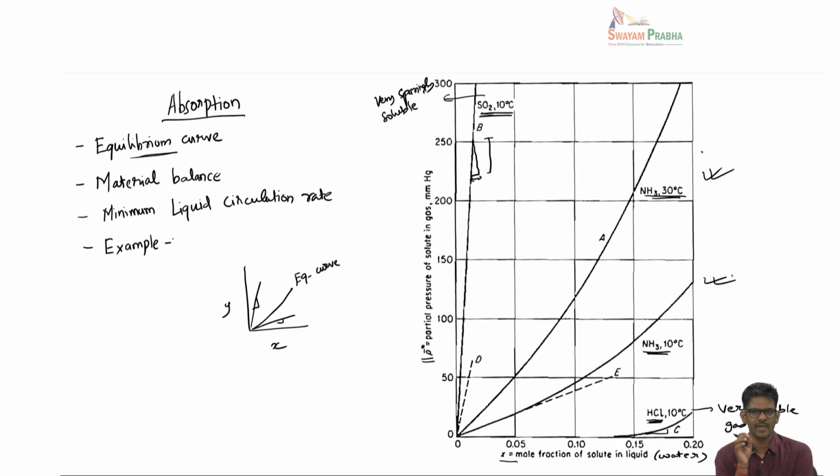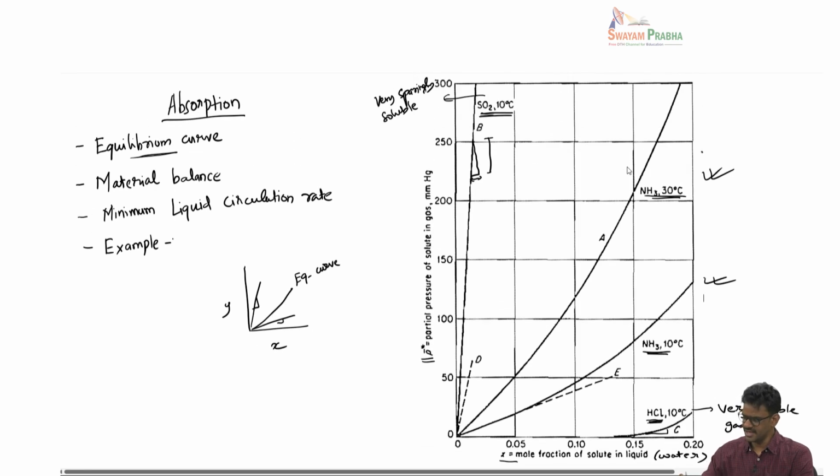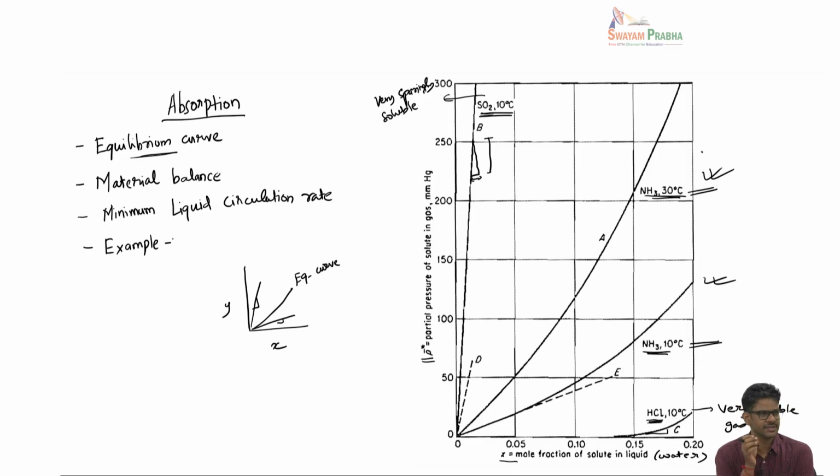So clearly the solubility data depends on the solute in question as well as the liquid that we are talking about. Another thing we can infer from this plot is if you take the same component like ammonia, but look at the data for two different temperatures, at 10 degrees Celsius versus 30 degrees Celsius, you see that as you increase the temperature, the solubility decreases for the gas in the liquid. Okay.